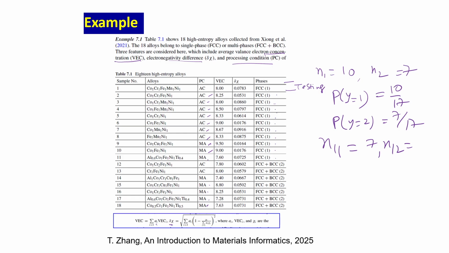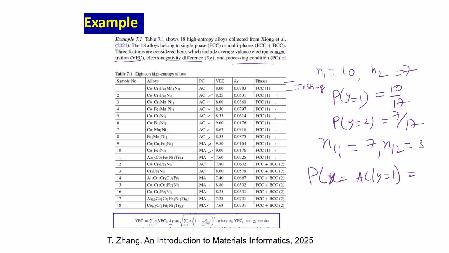MA single phase: 1, 2, 3. Three are there. So if I have to calculate P of x is AC given y is 1, that becomes what? Here x is the processing condition by which the alloy is produced.